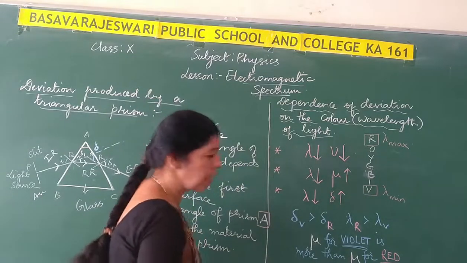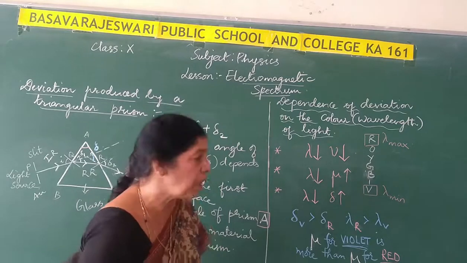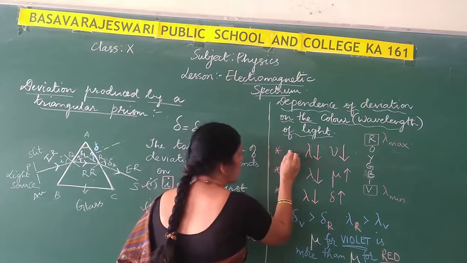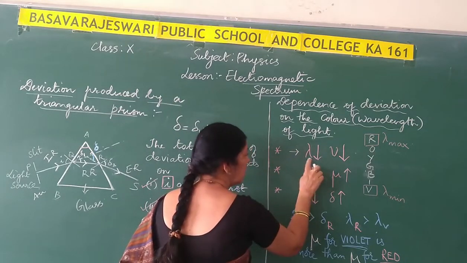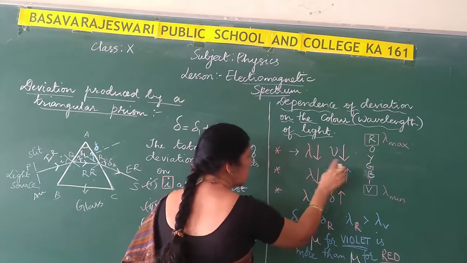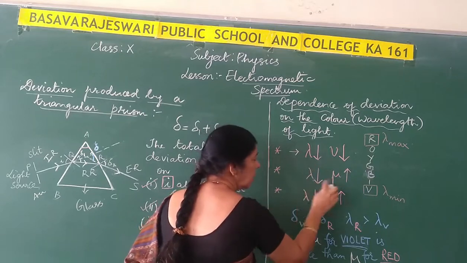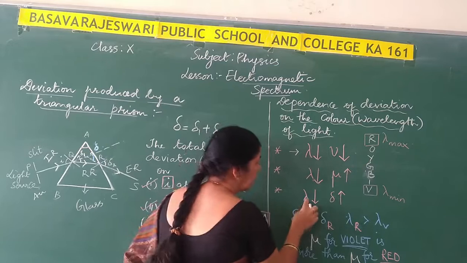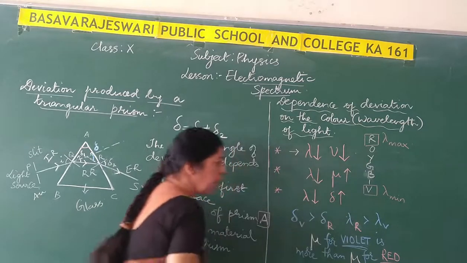So, these are the 3 very important points you have to remember whenever light enters from one medium to the other. What is the first point you have to remember? As the wavelength of the light decreases, the velocity also decreases. And with the decrease in the wavelength, the refractive index will increase. And as the wavelength decreases, the angle of deviation will increase.